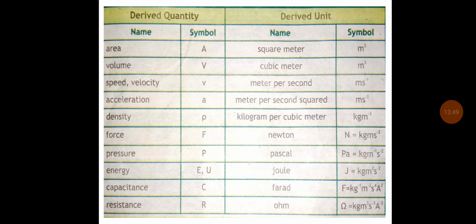Newton with capital N, Pascal with capital P, Joule with capital J, Farad with capital F, and Ohm. These are written in capital letters because these are the names of scientists. So all the units which are named after scientists will always be written in capital letters. Clear?